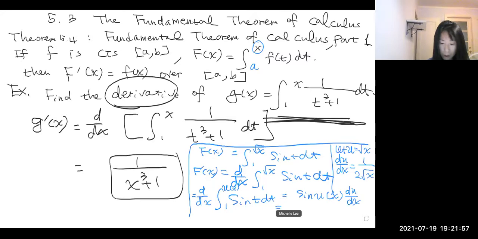Sine u was the square root of x. What's du over dx, which is 1 over 2 square root of x. Okay, then this is sine square root of x over 2 square root of x. Make sense? Basically, we add a chain rule there. That's it. Can you see that? If there is more than x in the upper limit.